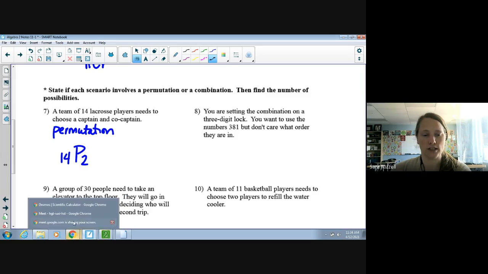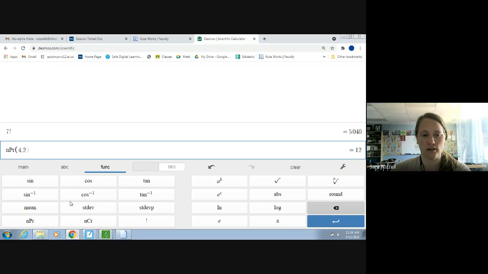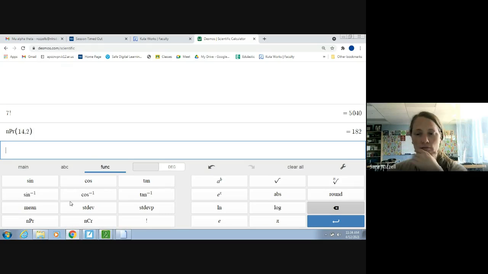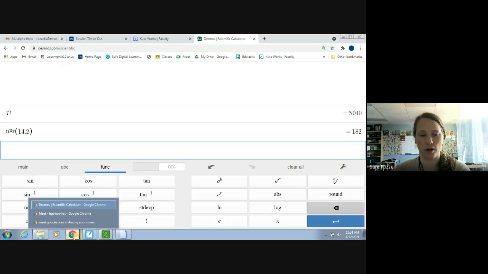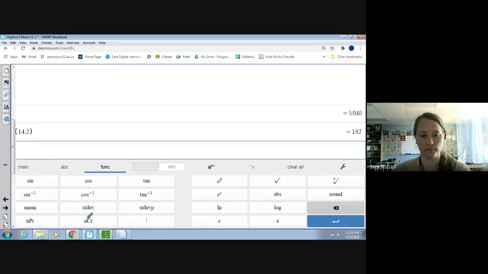And you can go to Desmos and do the 14. I'll just erase these. We had 14 and we are picking 2. And that's 182 options.